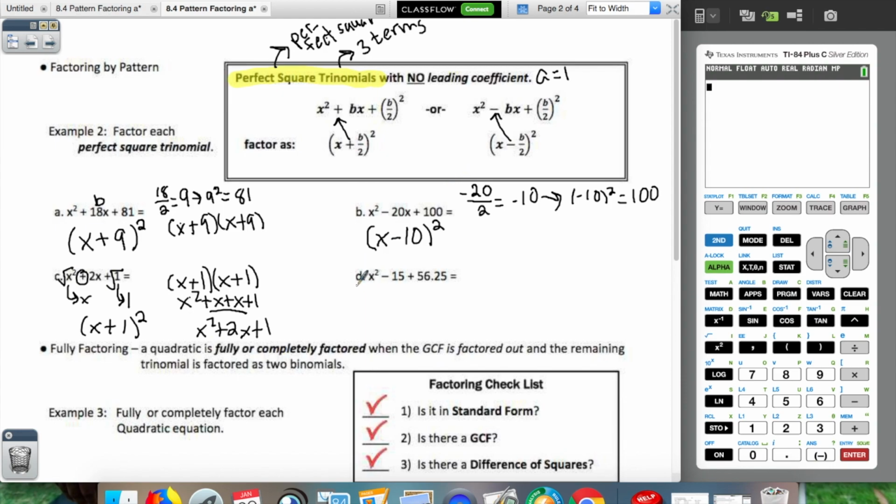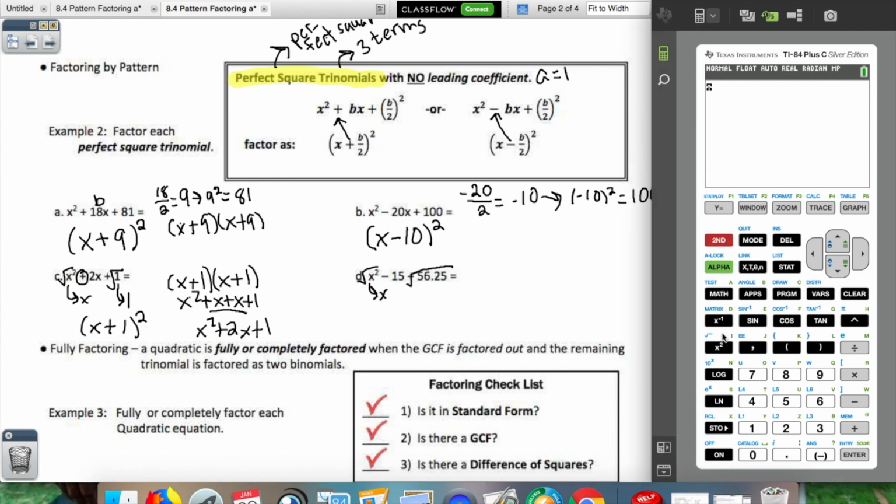Again, we want to take the square root of the first. What's the square root of x squared? Well, that is x. And now we want to take the square root of 56.25. Now, we don't normally do that, but we can in this case. So the square root of 56.25, and what do we get? 7.5.